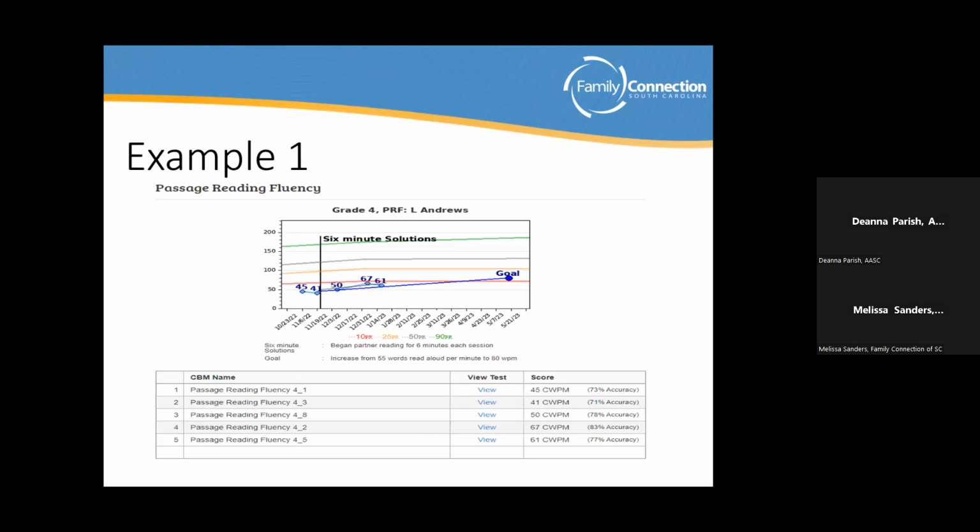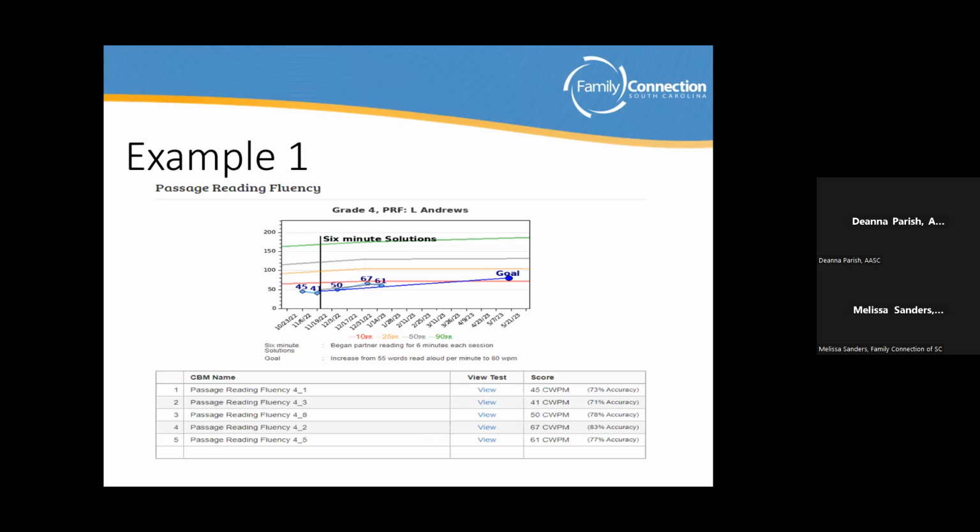The horizontal lines going across represent, for the fourth grade level, where this student is falling in the percentile rank, which means how they're progressing in relation to other fourth grade peers at that time of the year.